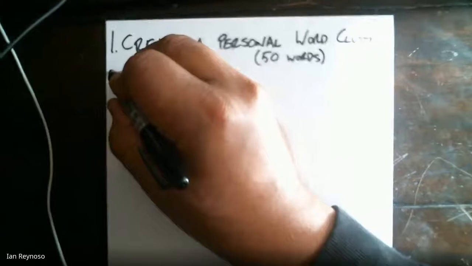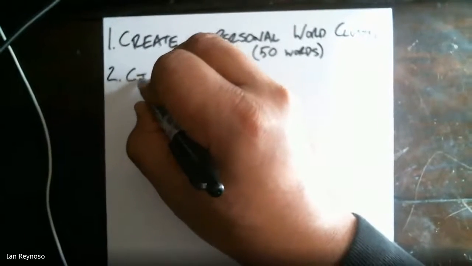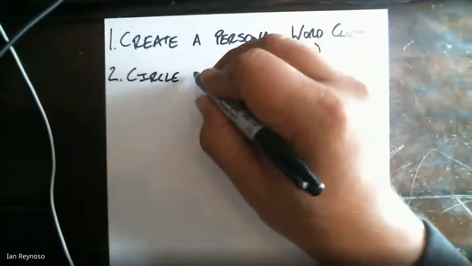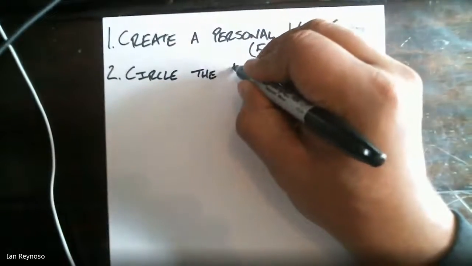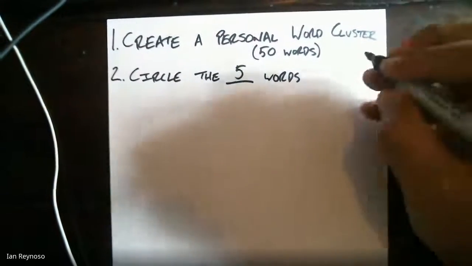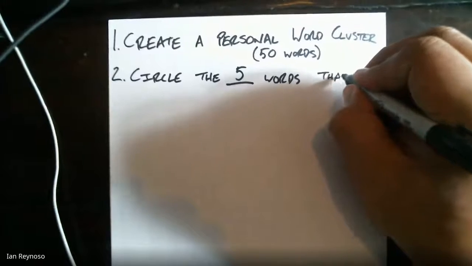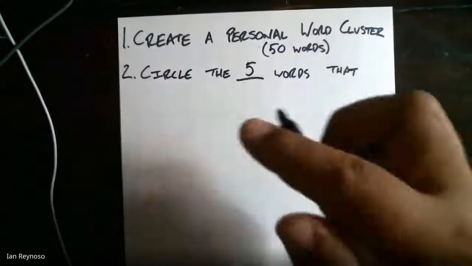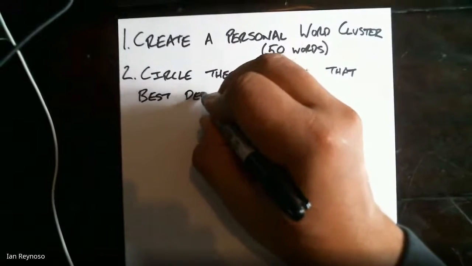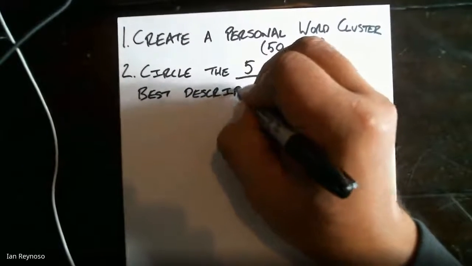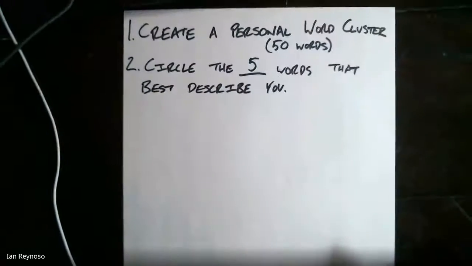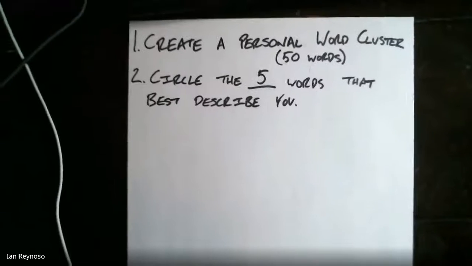Okay. Number two, circle the 5 words that best describe you. Circle the 5 words that you feel best describe you.